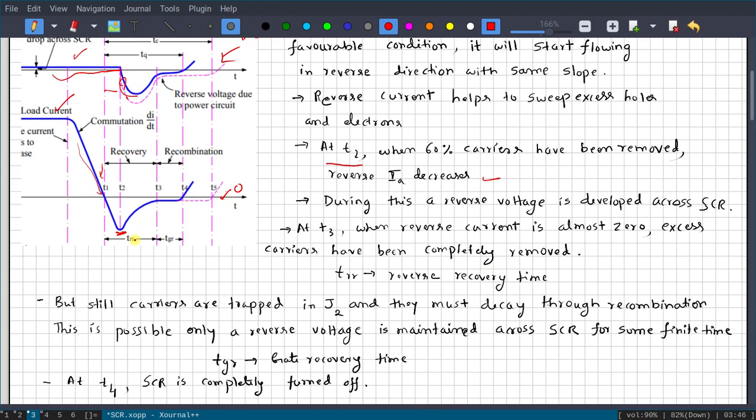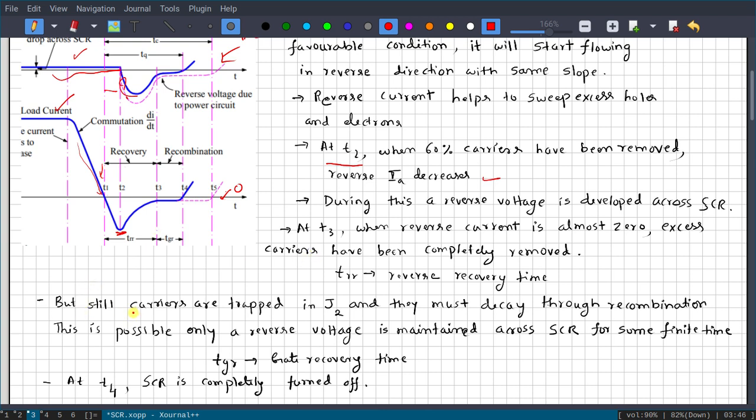Up to here, T3, is called TRR, the reverse recovery time. From T1 to T3, this duration of time is called reverse recovery time. In this, the excess carrier charges present in the J1 and J3 junctions are removed. That is what happens.